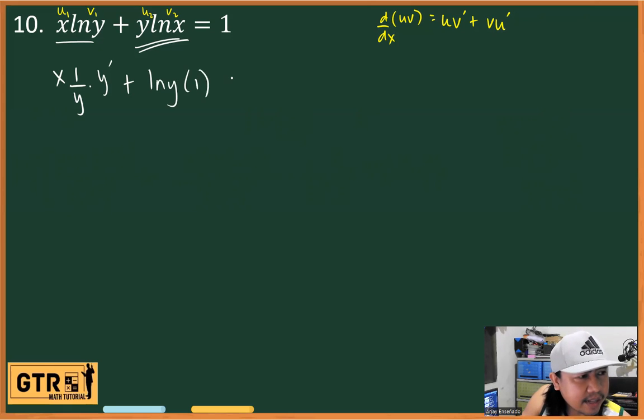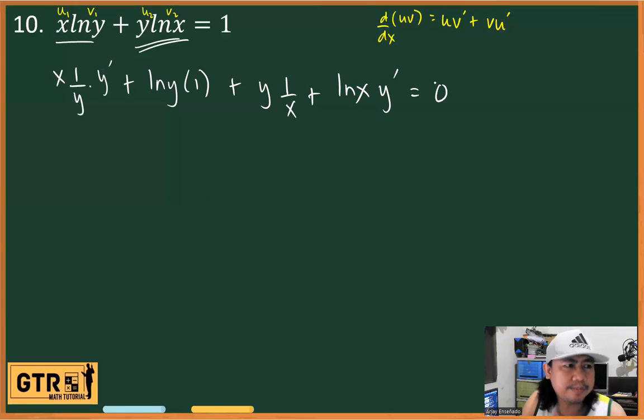Plus dito naman sa second term, another product rule. So we have, just copy the first term y, derivative of ln x is 1 over x, times derivative of x with respect to x, that is 1. Plus ln x, derivative of y, that is y prime, equals derivative of 1 is 0.